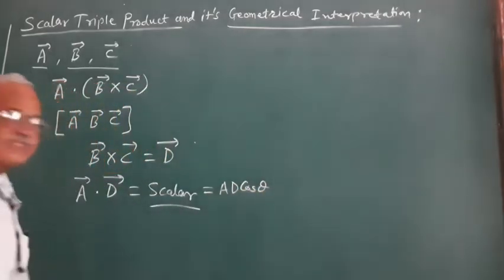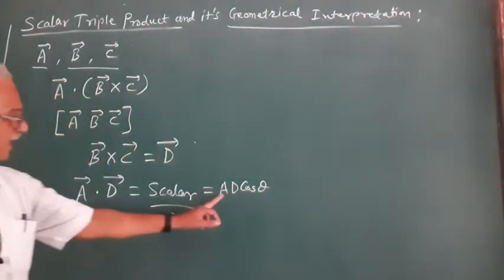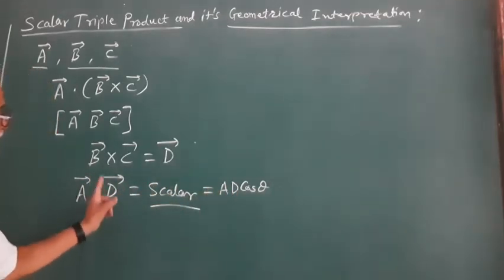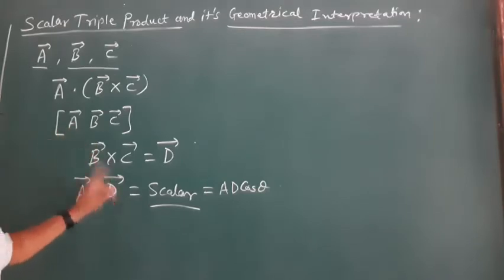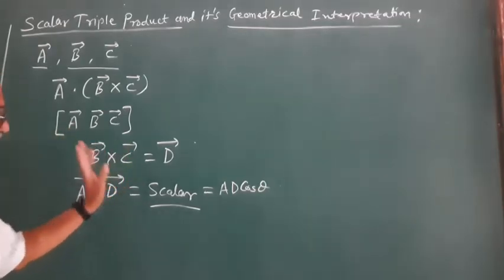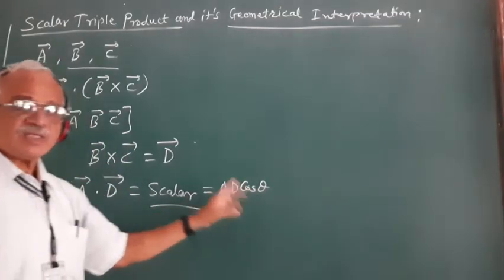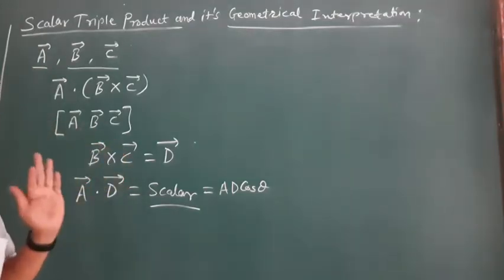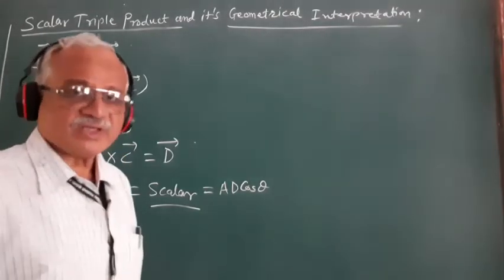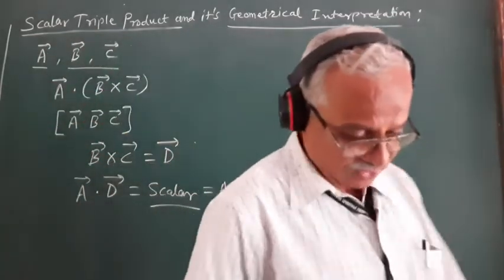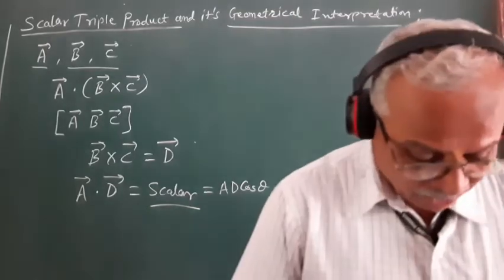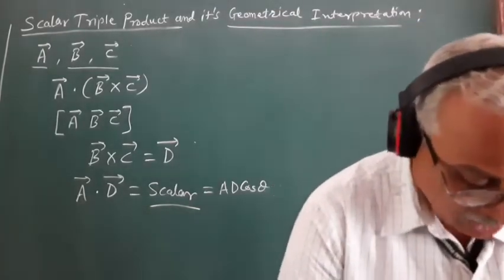A is the magnitude of a bar, d is the magnitude of d bar, which means the magnitude of b bar cross c bar, and theta is the angle between a bar and d bar. So this results in a scalar quantity, and this type of product is called the scalar triple product of the vectors a bar, b bar and c bar.